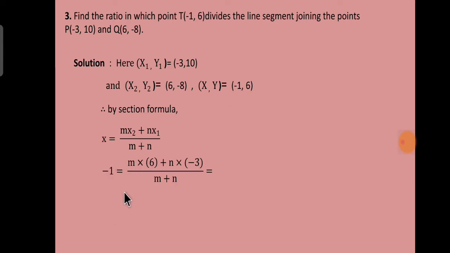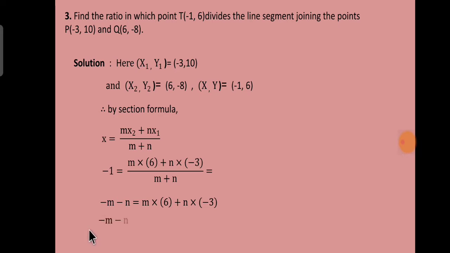Therefore now (m plus n) is multiplied with 1. By cross multiplying, -1 is multiplied with (m plus n), we get -1 into m is equal to -m and -1 into n is equal to -n. Therefore -m minus n is equal to m into 6 plus n into -3.